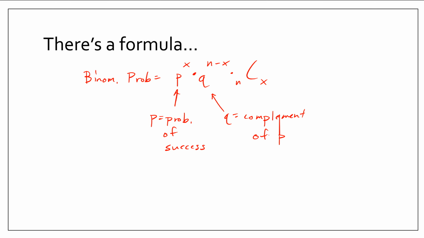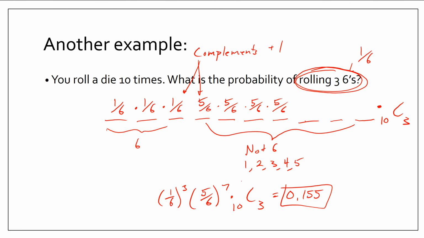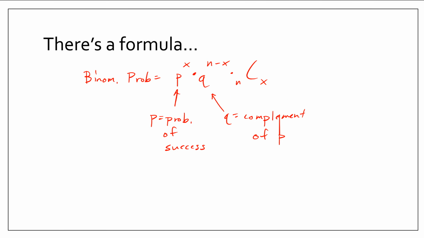So what's the N and the X? Well, N, that would be this one. That was the total slots, right? The total times it's happening. X is going to represent the number of successes.